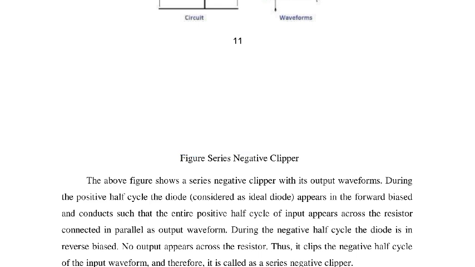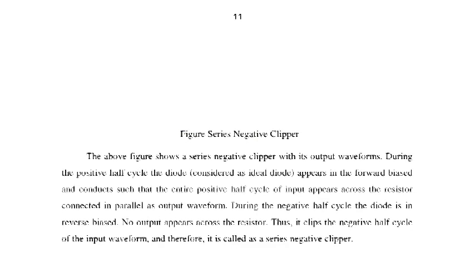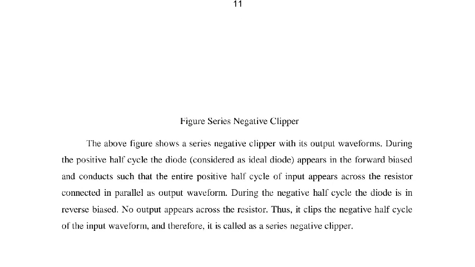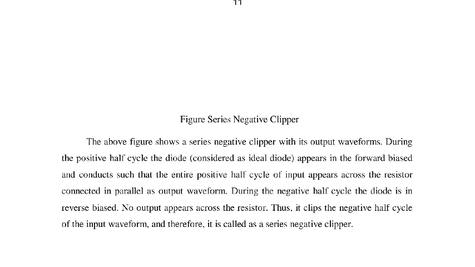So the ideal diode in forward bias conducts the entire positive half cycle of the input, and the resistor is connected in parallel, showing the output. During the negative half cycle, the diode is reverse biased and there is no output across the resistor, so it clips the positive half of inputs.